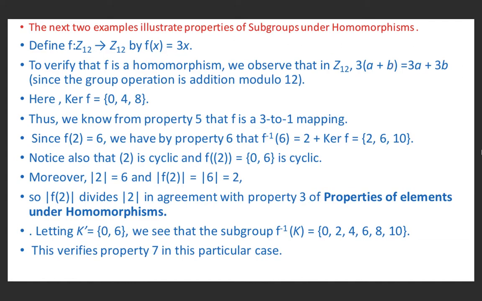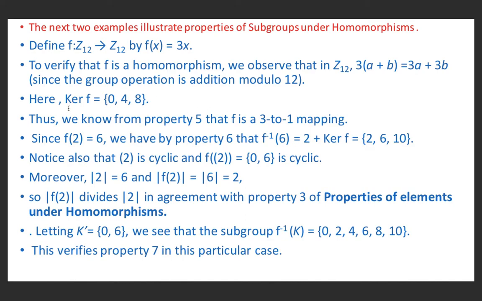Because f(x) is 3x, so 3(a+b) is 3a+3b. It means f(a+b) is equal to f(a)+f(b), since group operation is addition modulo 12 here. Here the kernel of f you can easily calculate, it is equal to {0, 4, 8}. Thus we know from property 5 that f is a 3 to 1 mapping.